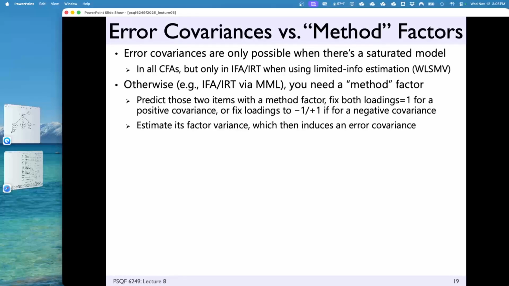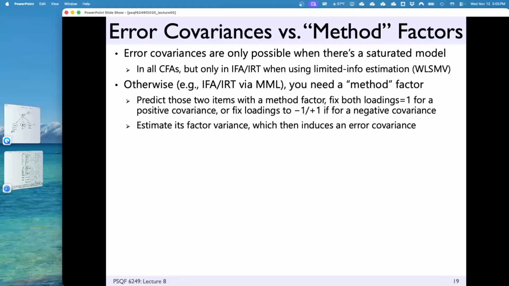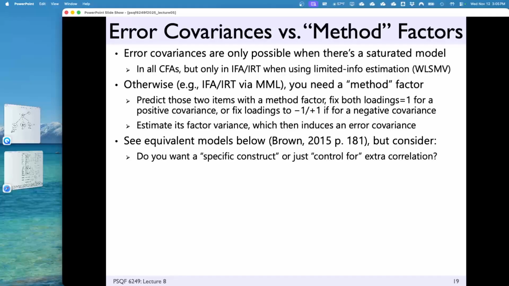Technically speaking, you can do this in full information as well. Actually, no, you cannot easily do this in full information. You could do a full information IRT model of this if you treated pairs of items as a categorical distribution where there'd be a log linear model linked to it, but people haven't really talked about that a whole lot.